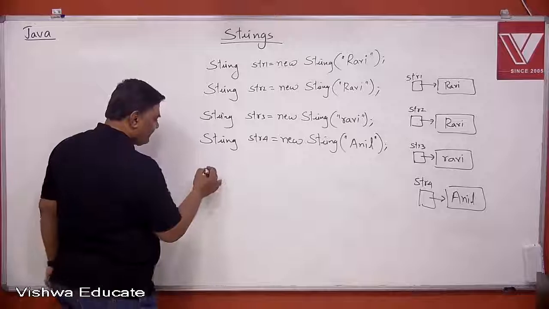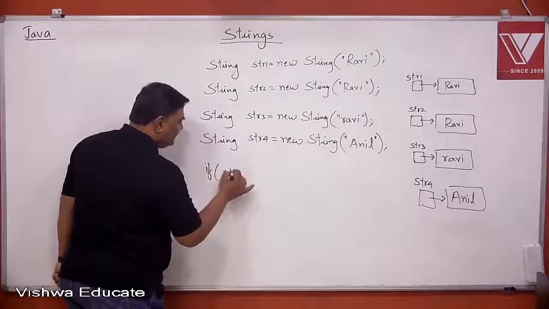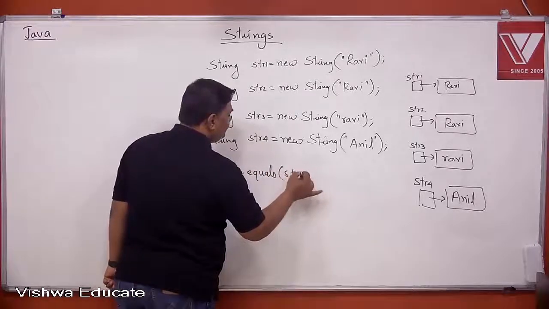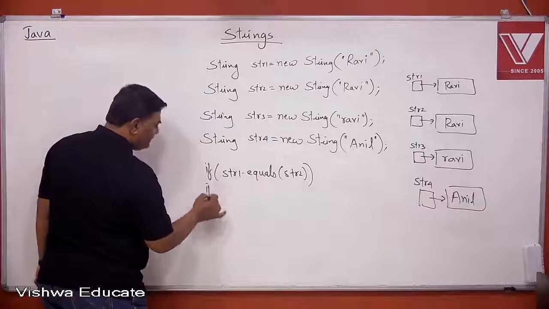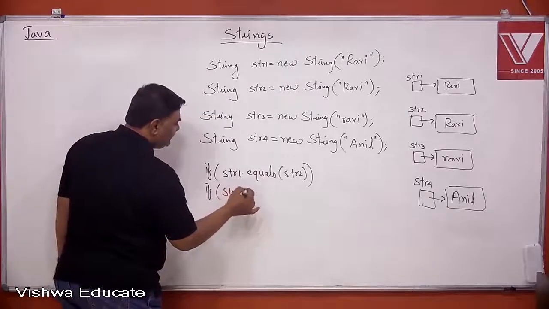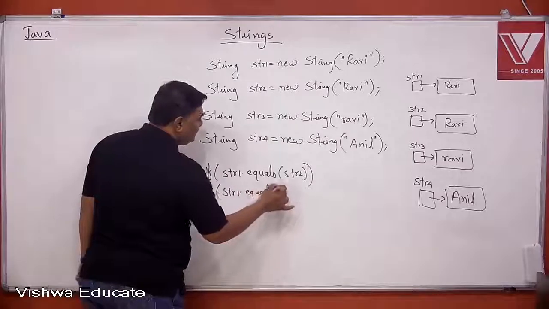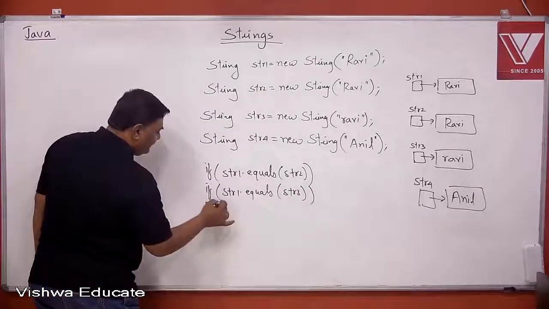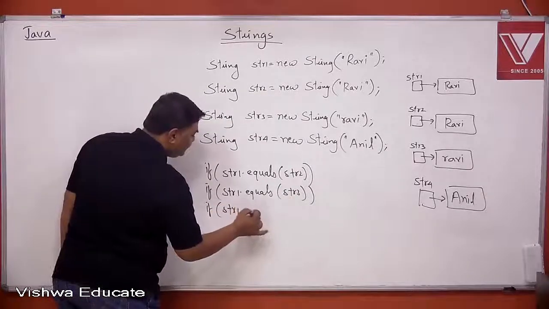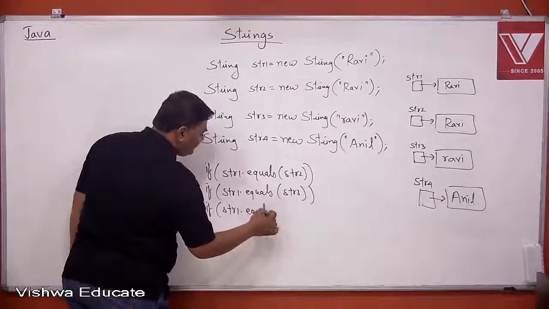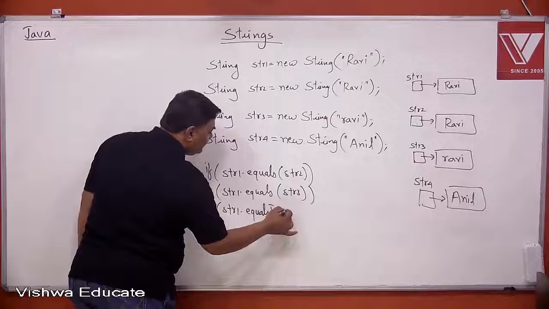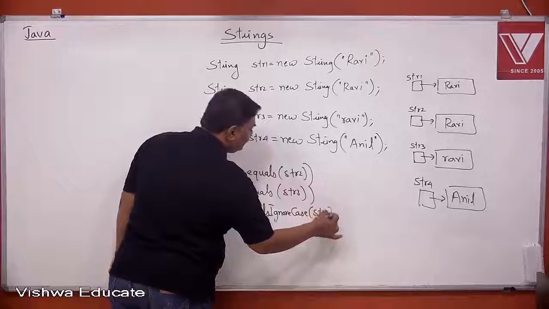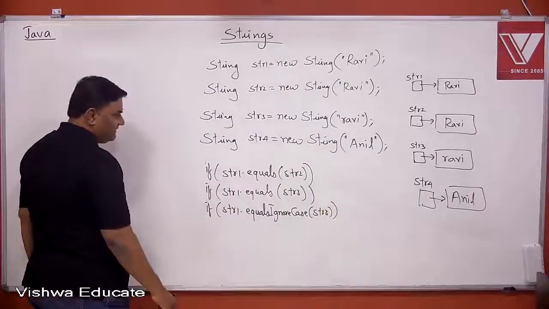Let us see. If str1 dot equals str2, tell me the answer. If str1 dot equals str3, tell me what answer I get. If str1 dot equalsIgnoreCase str3, tell me what answer I get.